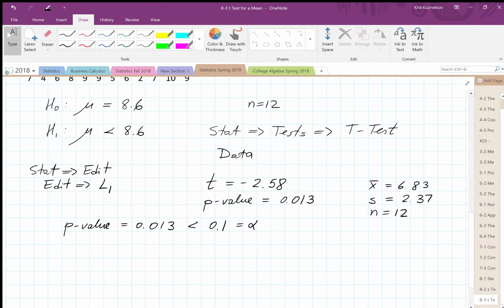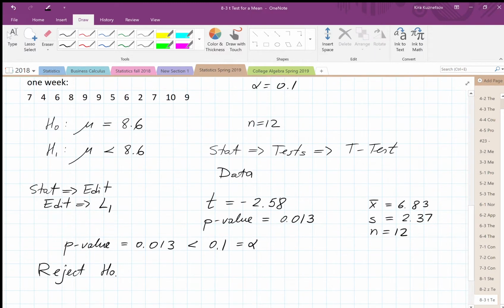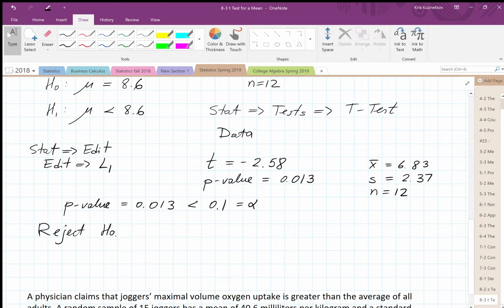If p-value is less than alpha, you reject the null hypothesis. You must include a complete sentence every time you're doing this. So you reject the null hypothesis. And well, we're trying to see where's the claim. He's trying to reduce the number of aspirins. So did he manage to do that? Yes, he did.